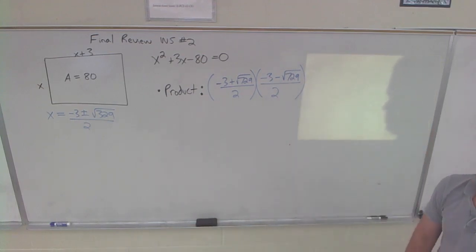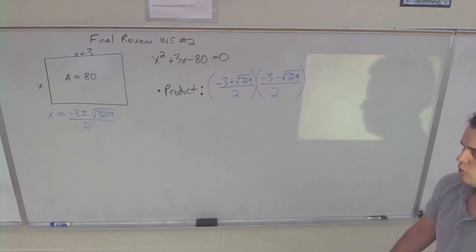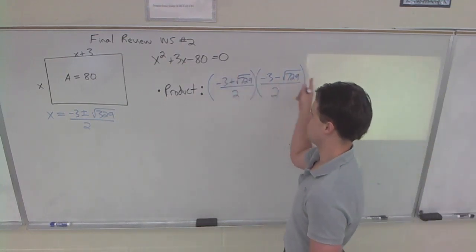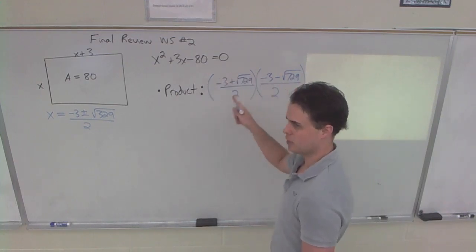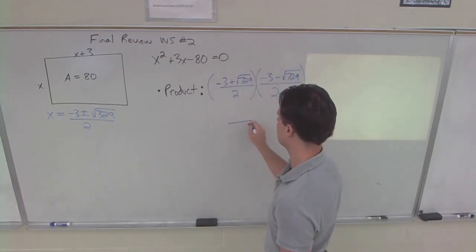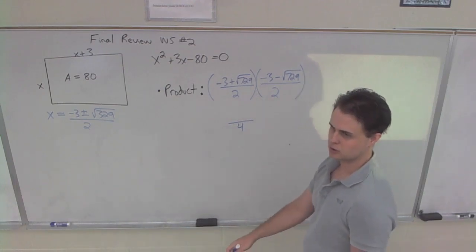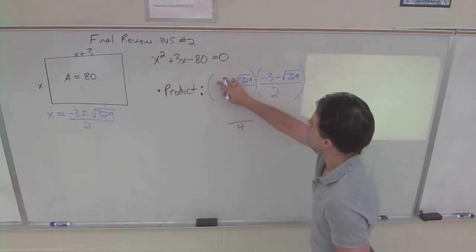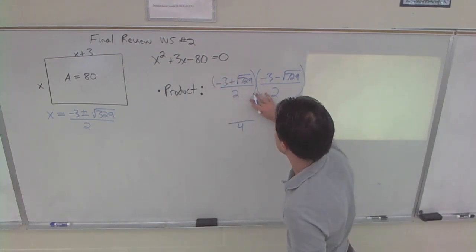There's the product, right? It looks ugly. Don't let it intimidate you. You can't be intimidated by stuff like this. Just do it. You multiply fractions, you multiply across the top and bottom, right? So across the bottom, what are we going to get? 4. And across the top, it's really like we have this. Yes?